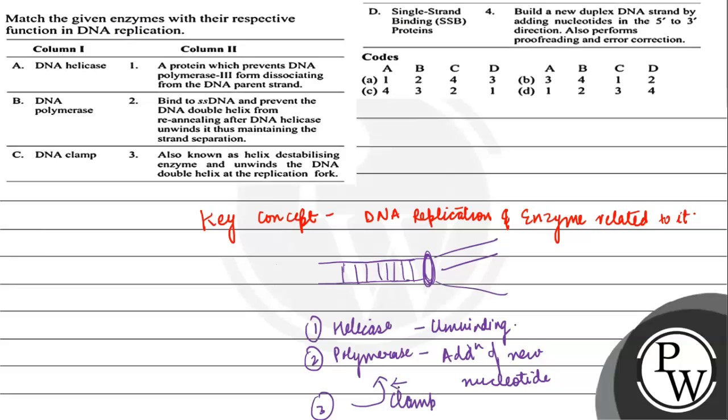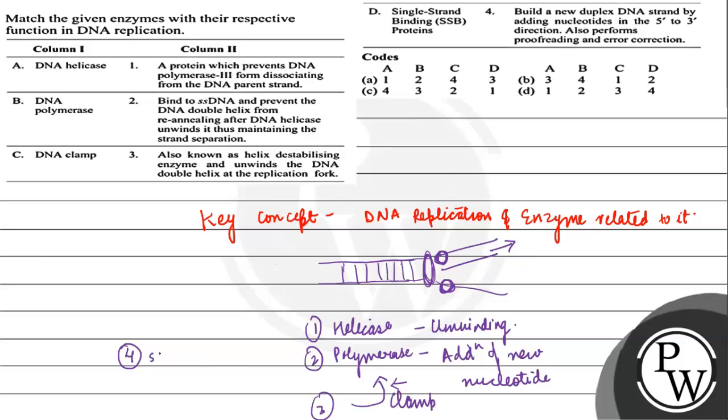When we talk about the SSB, the fourth enzyme present in this process of DNA replication, what SSB does is that it binds to the single stranded DNA. Suppose it is binding to the single stranded DNA, and it prevents the DNA from rebinding, or the two strands from reassociating with each other, so that DNA replication can take place effectively and efficiently.